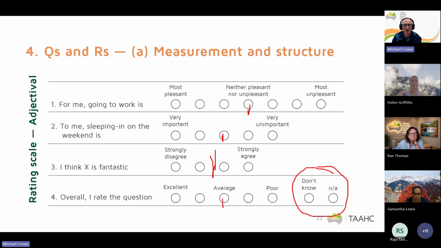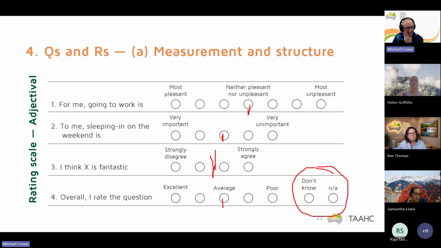Sometimes it's really hard to come up with a decent middle word. It is, really, sometimes. Like, so excellent, average. So what do you put in there? Good? Is good somewhere between average and excellent? Or do you want to put in very good? So it does mean that you don't have to think about it too much, and you can let the person decide what the middle one means.